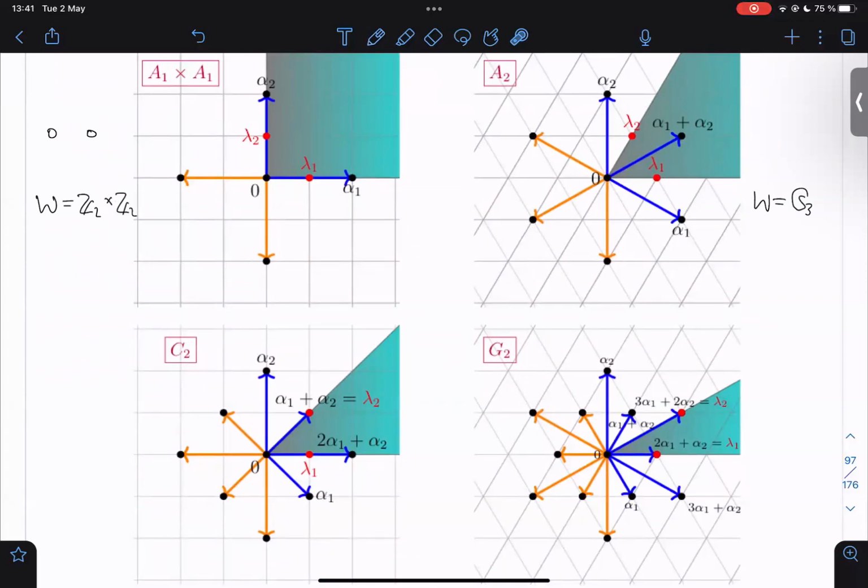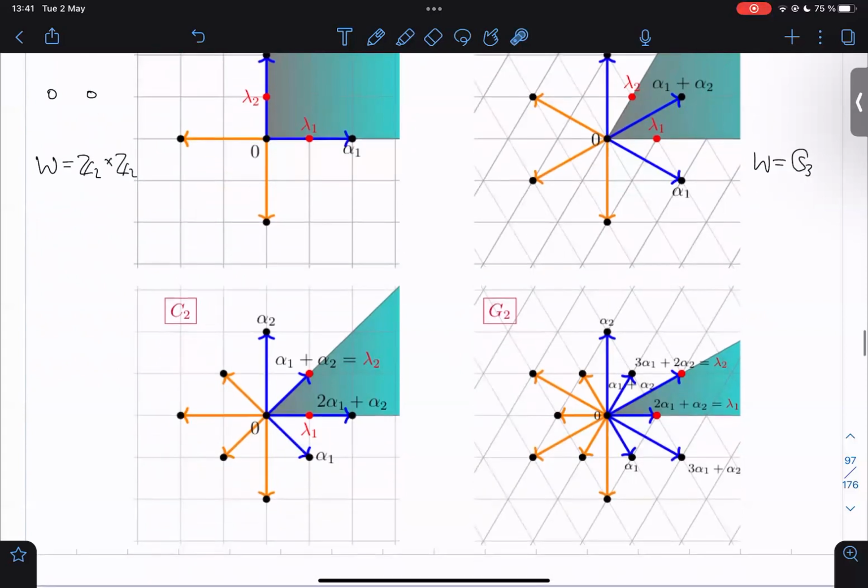Now a more unfamiliar case. Let's get it oriented. Here's alpha 1, here's alpha 2. The angle between them is 3 pi/4. We saw that earlier. We drew the root diagram before, but now I've placed the fundamental weights.